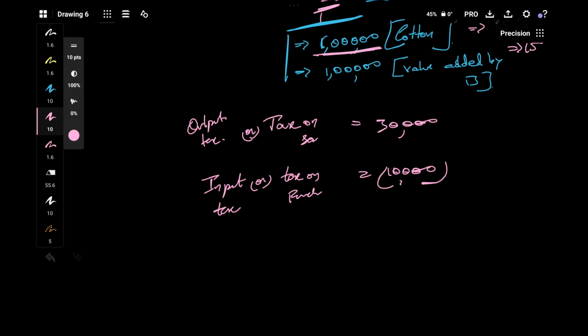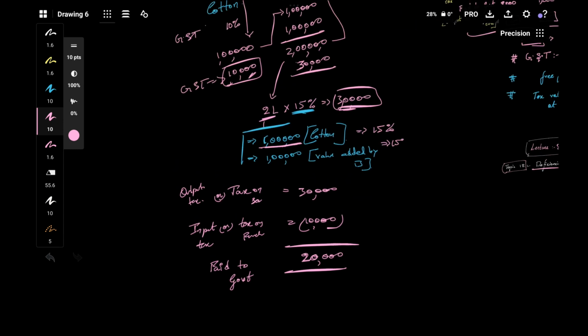So from this output tax he'll deduct whatever tax he has paid on purchases, that is input tax. Only the balance amount he'll pay to the government, that is the amount payable to government. So 20,000 he has to pay to the government.